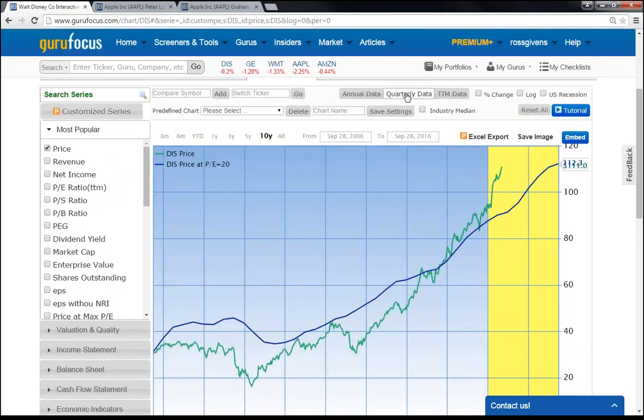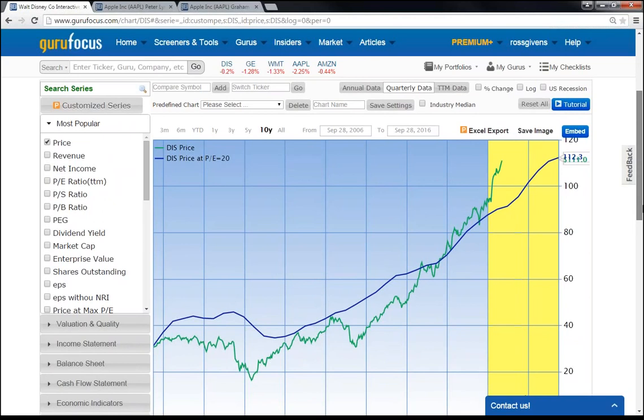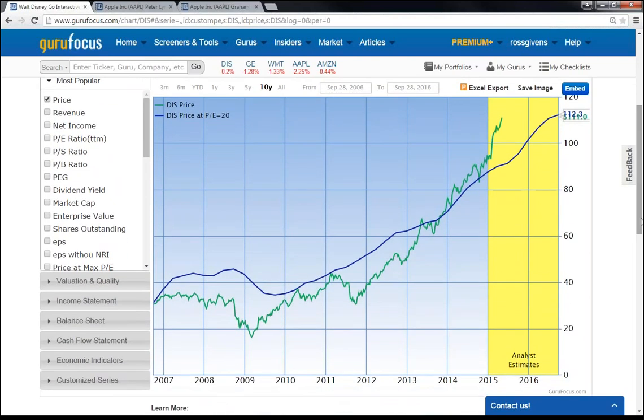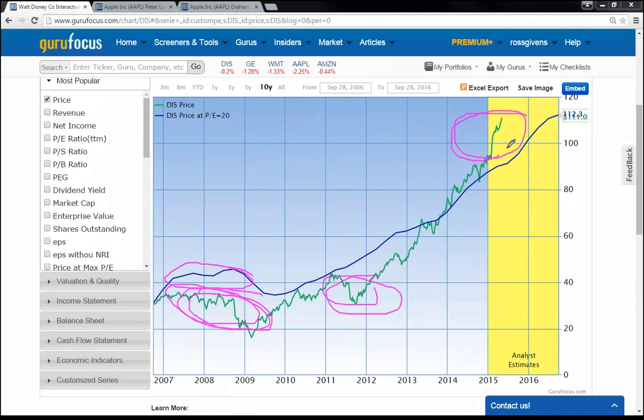Want to see accurate quarterly data. And that's what we get. And that's a little bit of a better looking chart, right? It's pretty close to what this thing is following if we're just looking at earnings, right? It got a little hot here, a little light here below, in the '08-'09 recession. It's a pretty good buying opportunity here, late '12. It's getting a little bit inflated right now based on expectations we have going forward.